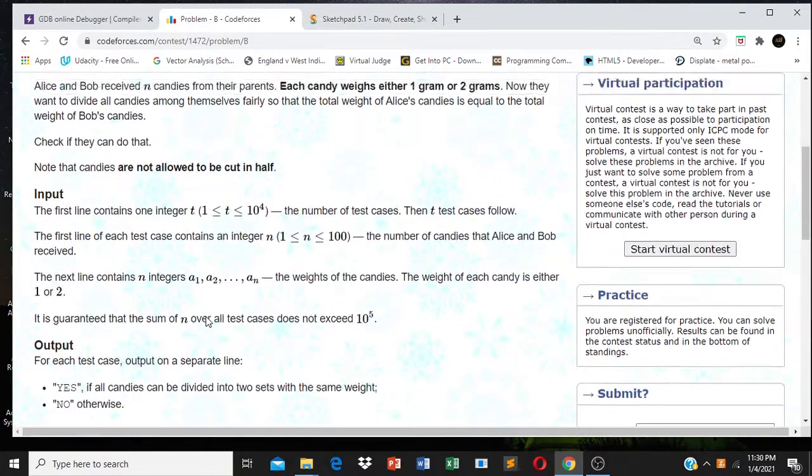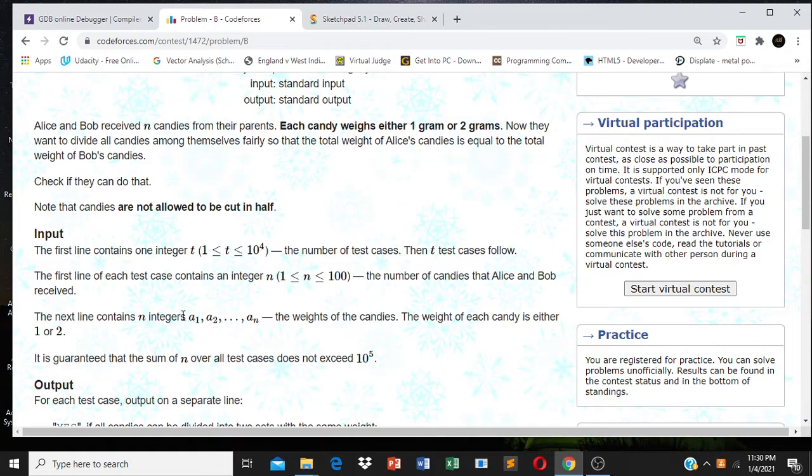We just have to use the values of the array separately, only these values, with no manipulation of the values, which means you cannot make this 2 into two 1s. You have to manipulate only the values that you are given, and you have to find out two equal values, if you can make two equal values by using all of the candies.